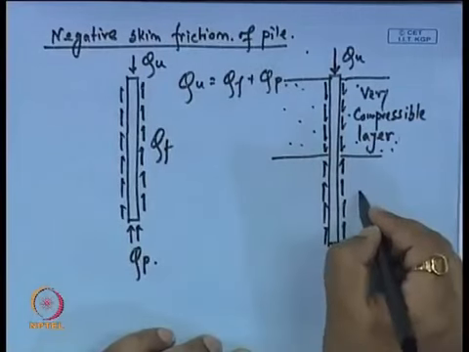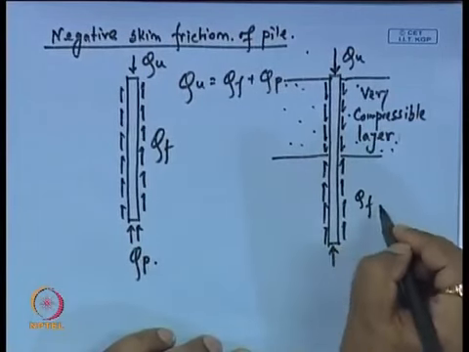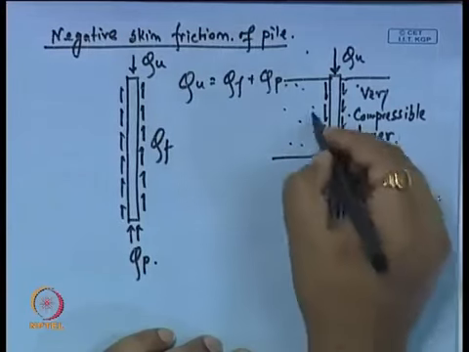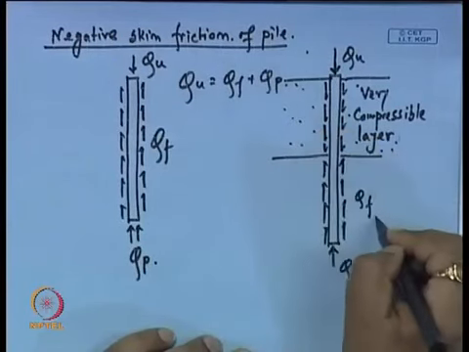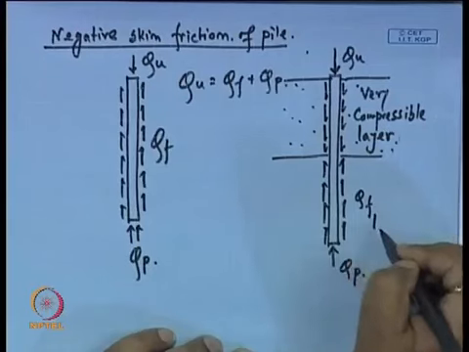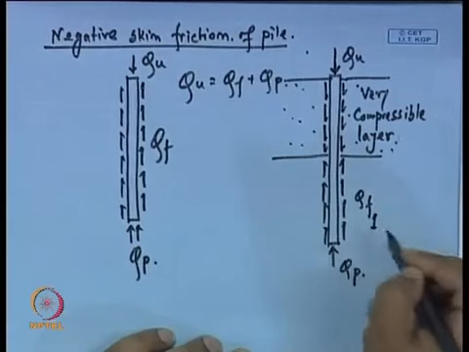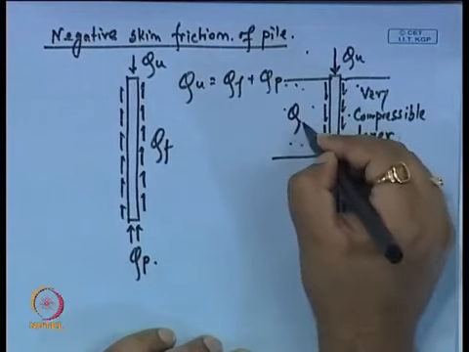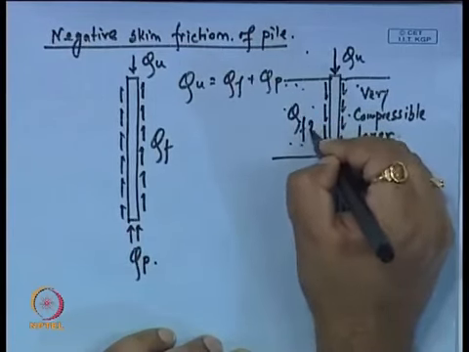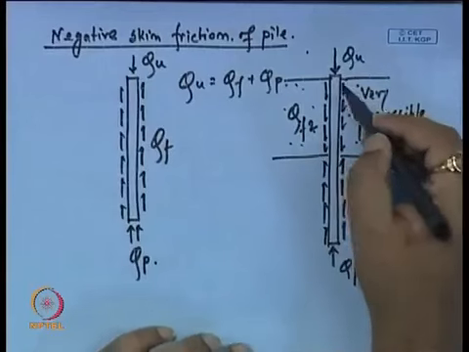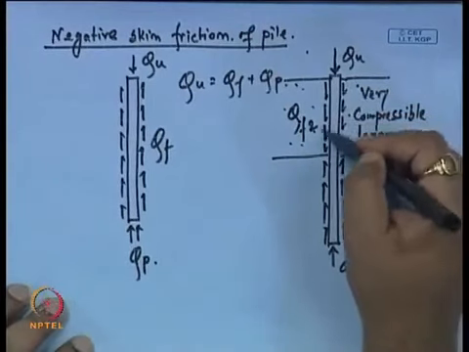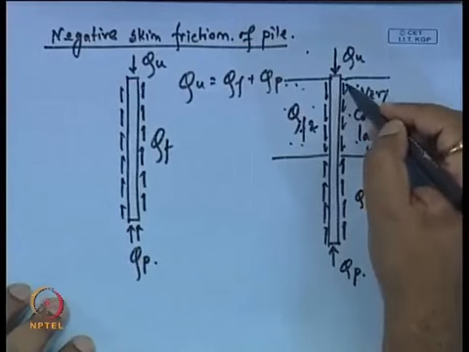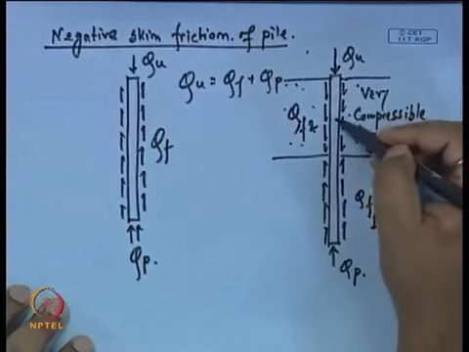Now, if the resistance of this part is Q f, for this resistance Q p is the tip resistance, Q f 1 is the friction resistance we are getting, and the fixed negative skin friction is Q f 2. This friction will not give any resistance, it will act as a load on the pile, because it is acting in the downward direction.